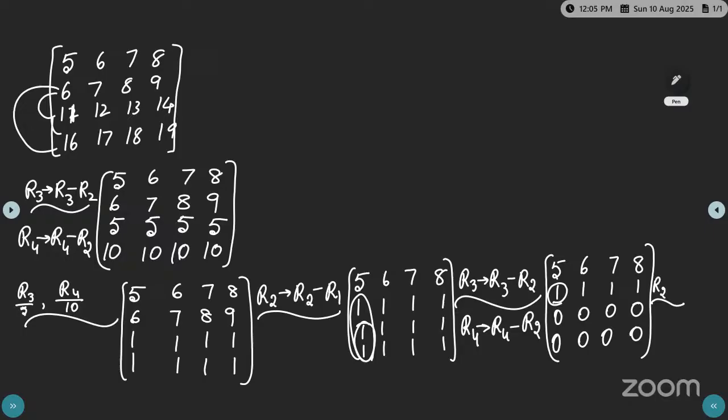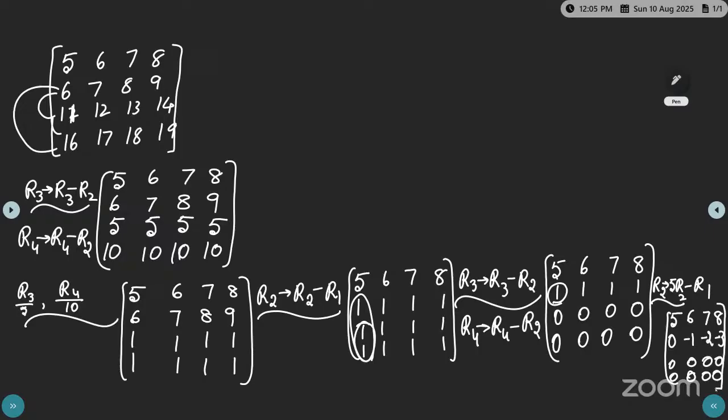R2 implies 5 R2 minus R1: 5, 6, 7, 8 with the row 0, minus 1, minus 2, minus 3, and then the zero rows.